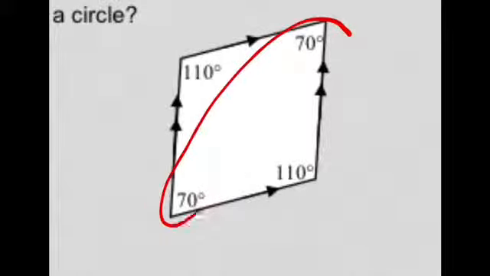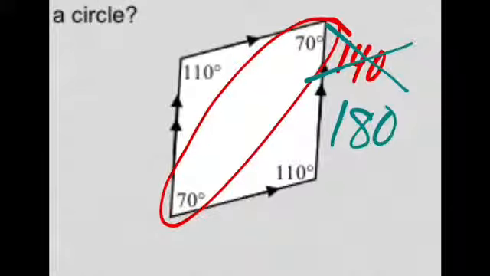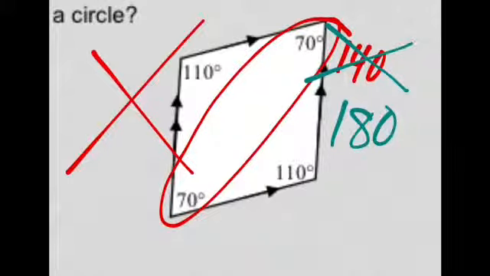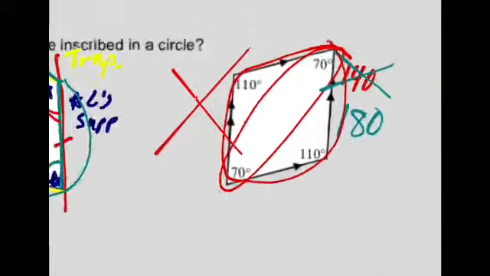Yes. 70 plus 70 is 140. That must equal 180, but it does not. So circle, no. We would have to do some kind of weird oval shape with this guy here. So that does not work.